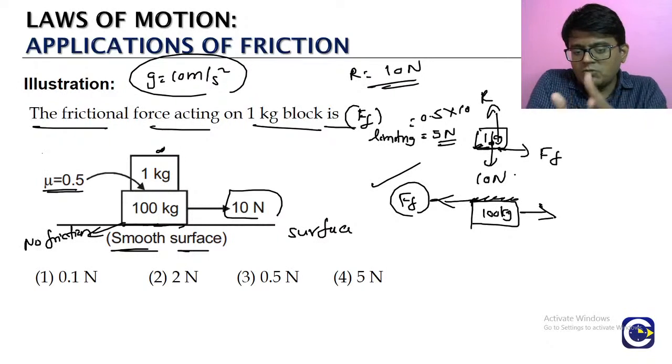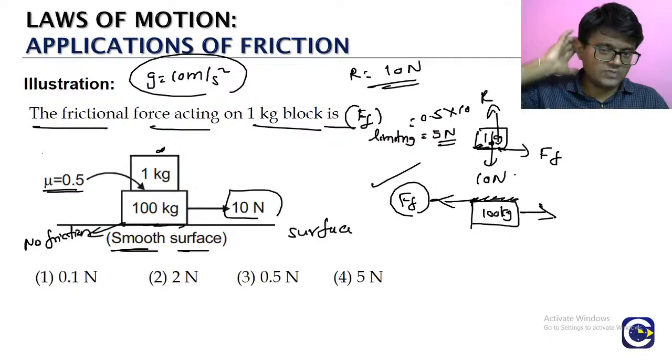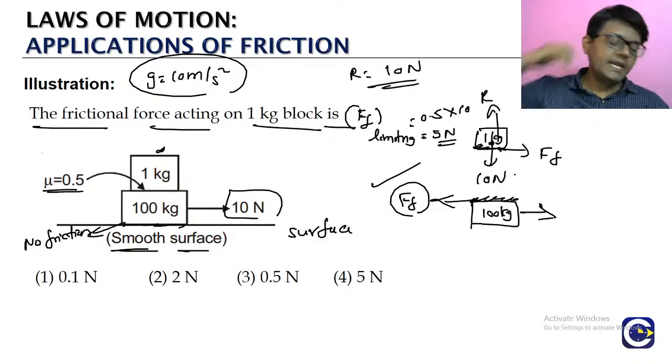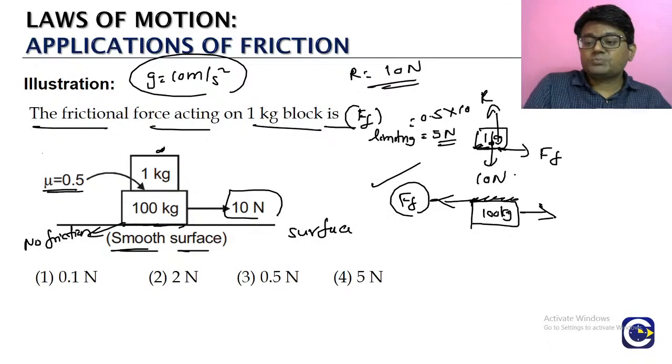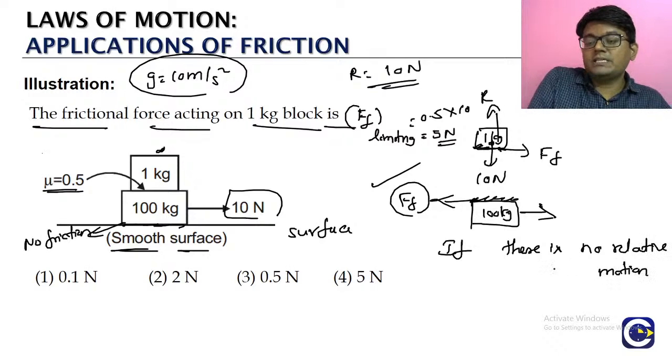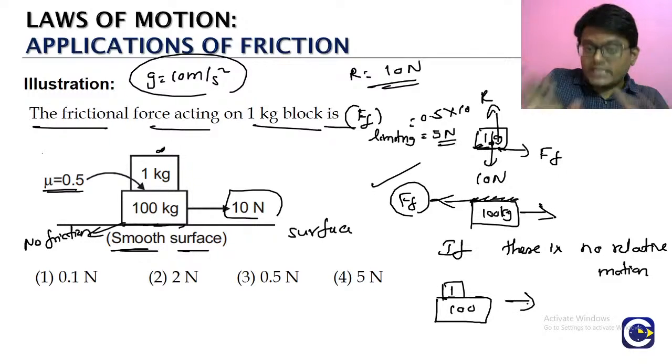To stop the relative motion between the 1 kg and the 100 kg. Now, if there is no relative motion between the 1 kg and 100 kg, it means both of them will be moving together, right?